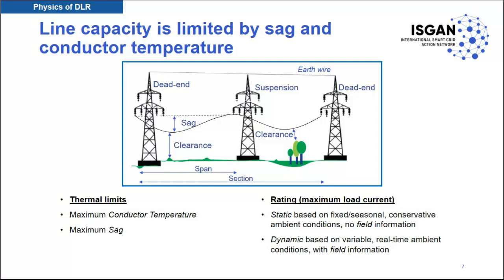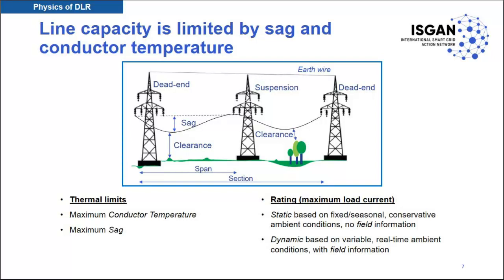That is, you take into account the fact that there will be no wind, that the ambient temperature will be the maximum possible, and there will be no cloud at 12 noon. So these are the worst possible conditions that define your static seasonal ratings.